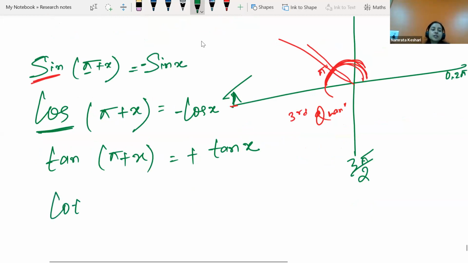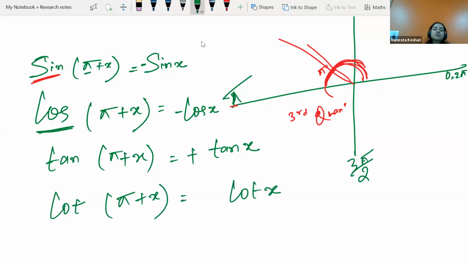Cot x, is it positive or negative? In the third quadrant, tan is positive, and due to that, cot is also positive.